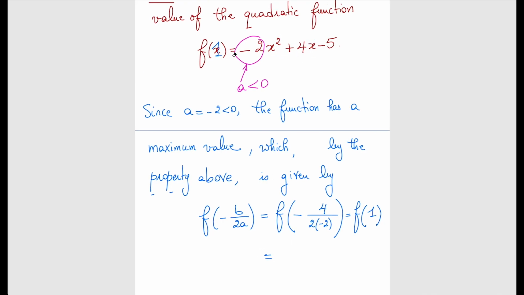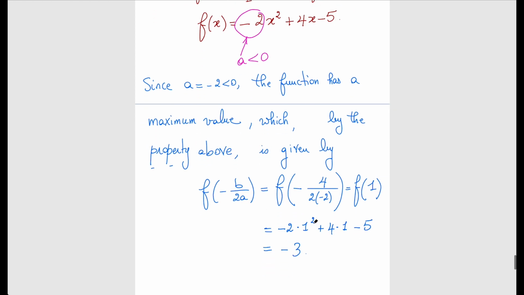I'm going to replace x by 1 to find f of 1. And as such, I get minus 2 times 1 squared plus 4 times 1 minus 5. And as we said, this is minus 3. So minus 2 plus 4 is plus 2, minus 5 is minus 3. So that's this guy, minus 3, is the largest value that the function takes.